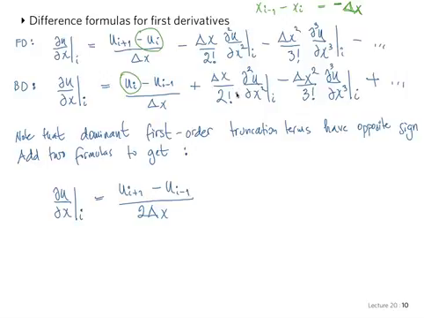Yes? You see that? I added these two, there's a 2, I divide it over. Then I add these and they cancel out completely. When I add these two equations, they cancel out completely. And these have the same sign, so I have minus delta x squared divided by 3 factorial, did I also divide by 2?